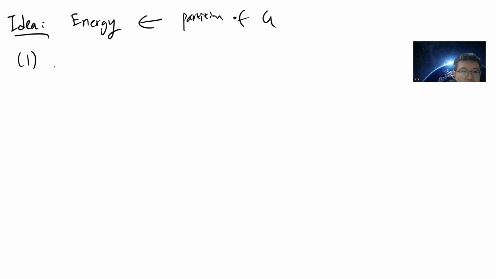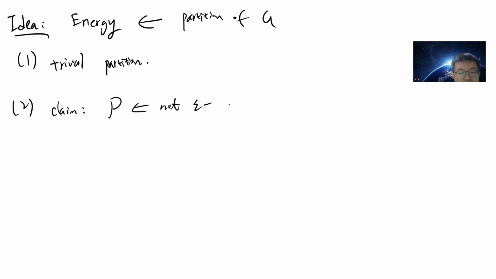And then you can start with the trivial partition. The second step is that you claim that if the partition P is not epsilon regular, then you define a way to keep partitioning: you take each small part and partition it again, and you just keep going.